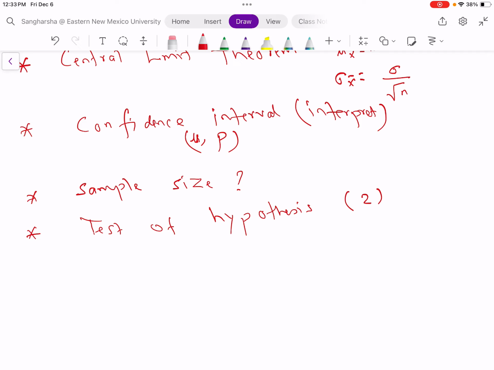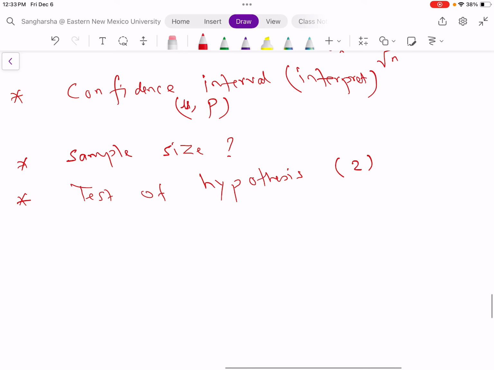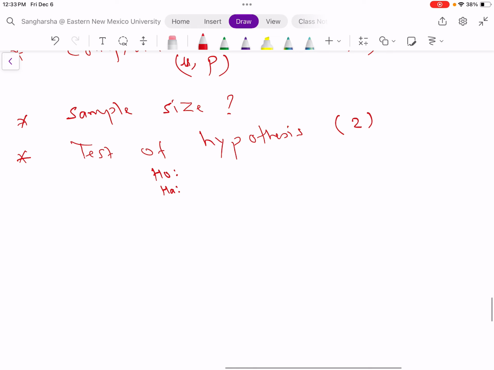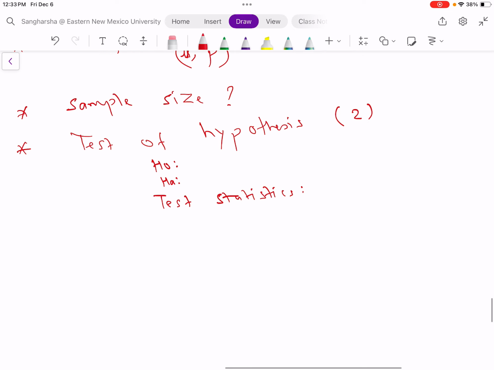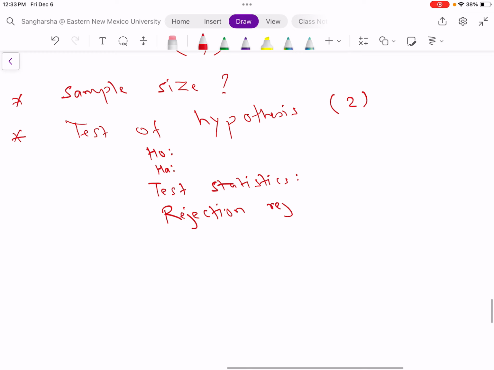Now in this type of question, you will be asked to write down the null hypothesis. So you should know how to write the null hypothesis and alternative hypothesis. You should know how to find the test statistic. You should know how to find the rejection region.